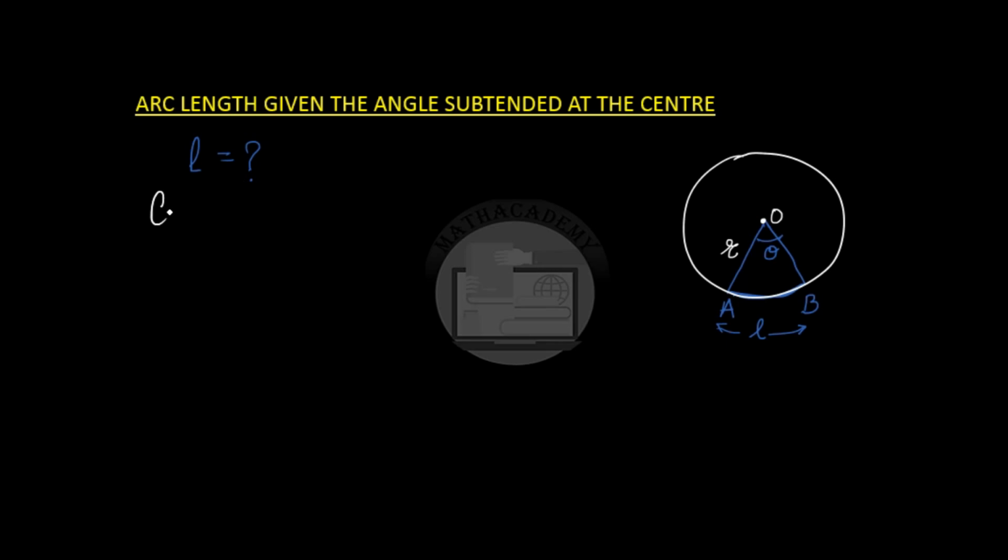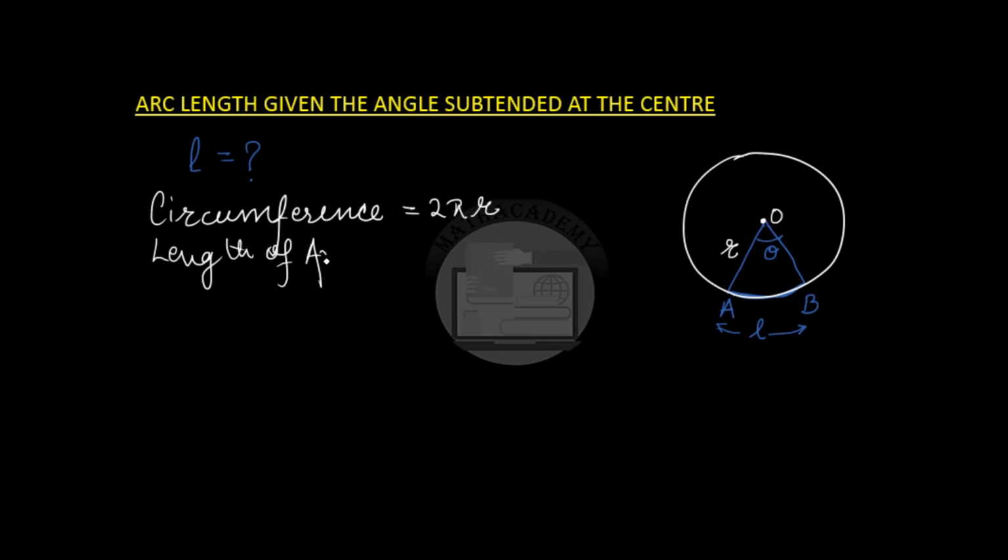So we see that the circumference of the circle will be 2 times pi times R. The length of the arc AB is equal to L. So we see that this ratio of circumference to the length of the arc will be proportional to the angle which the circle forms at the center to the angle which the arc is forming at the center.